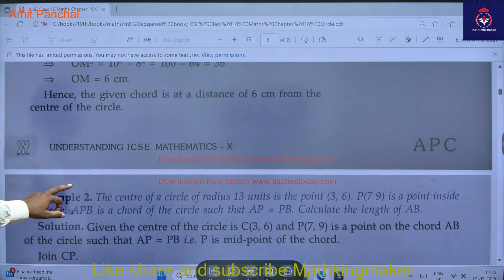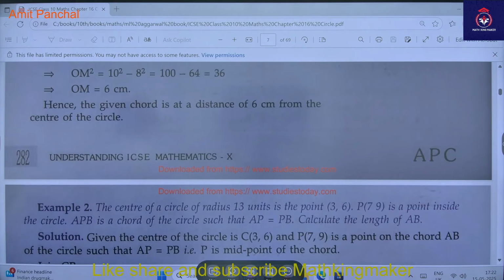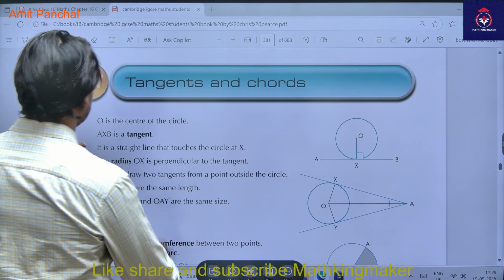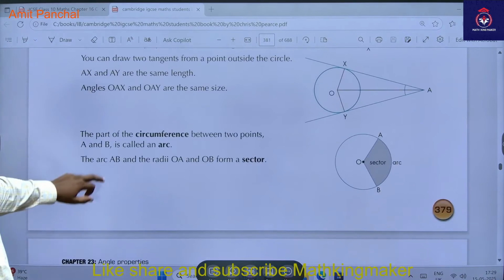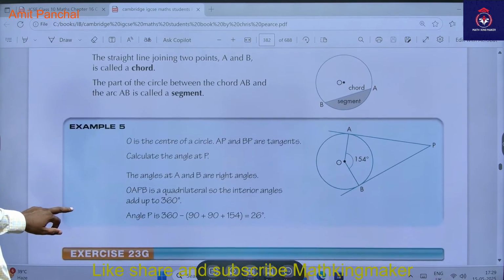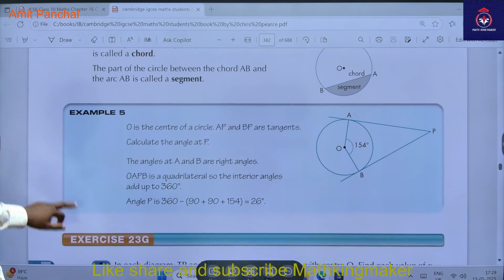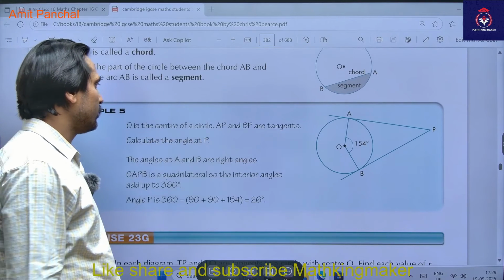Now just do this. It is a combination of geometry as well as coordinate geometry. These things I already told you. What is tangent, radius, circumference, arc, sector, chord and segment. And O is the center of a circle, AP and BP are tangents.